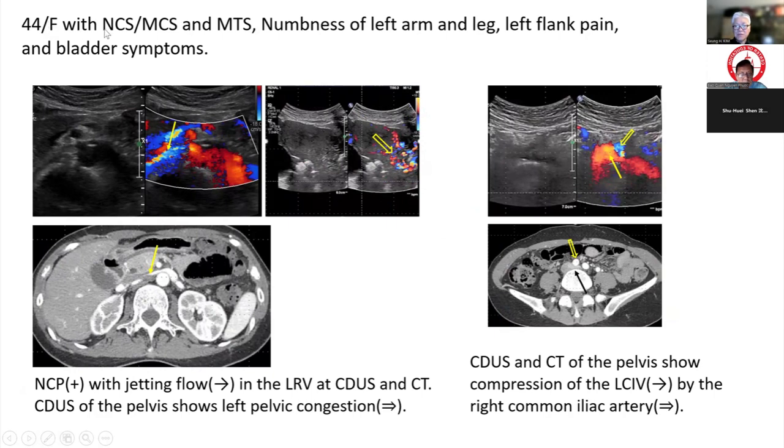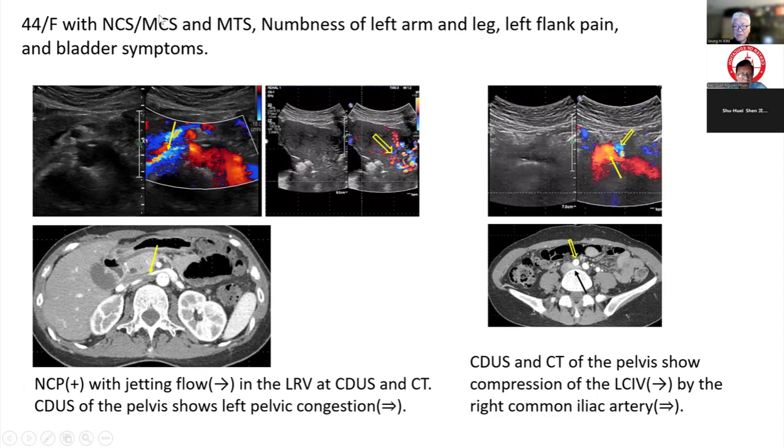A 44-year-old woman with nutcracker, and this patient also has pelvic congestion syndrome. Symptoms were numbness of the left arm and leg and left flank pain. So symptoms were limited to the left side.